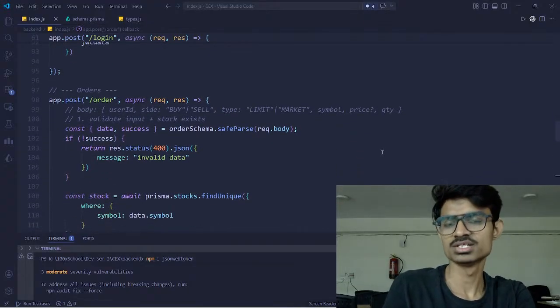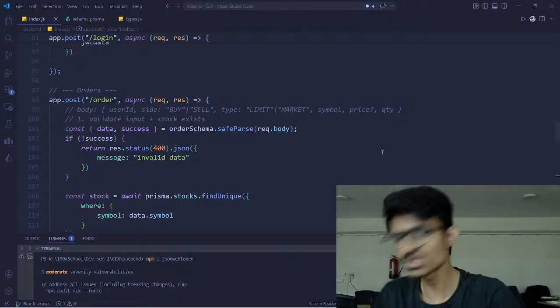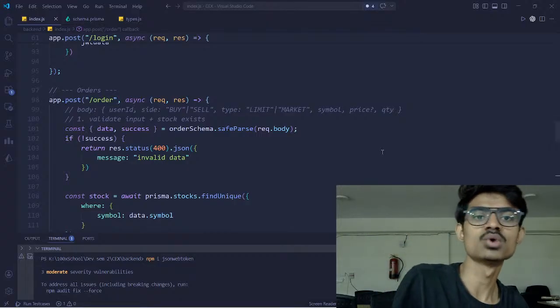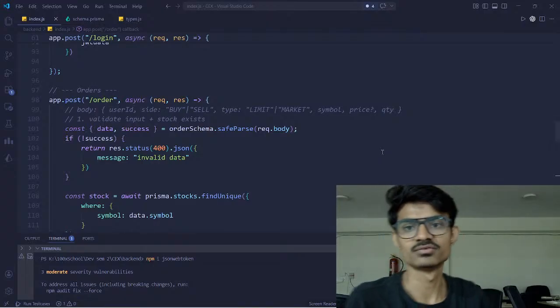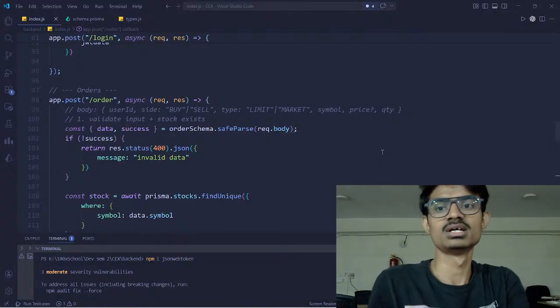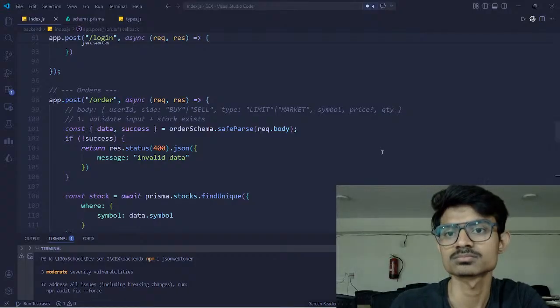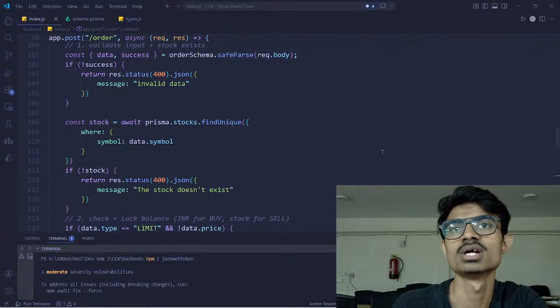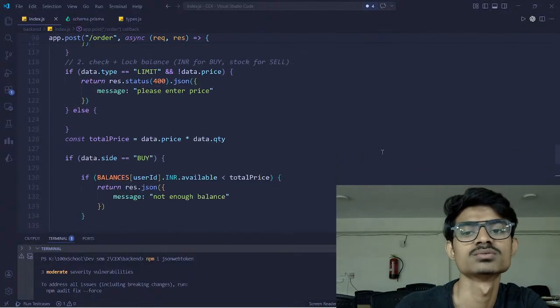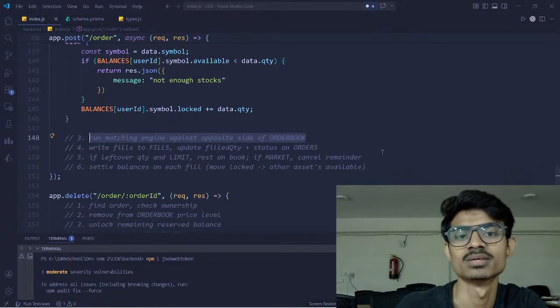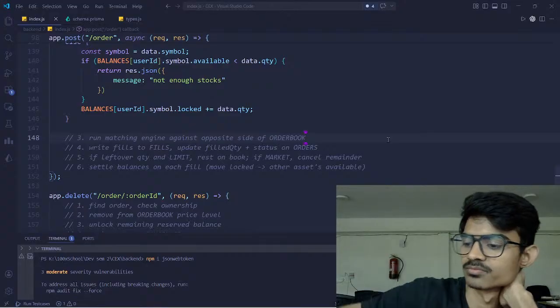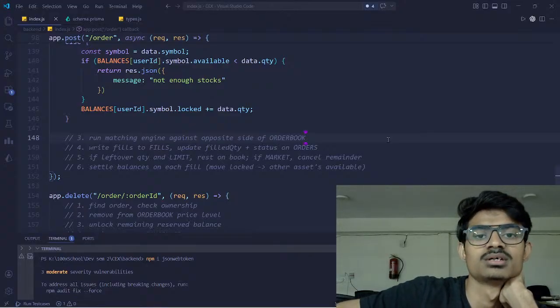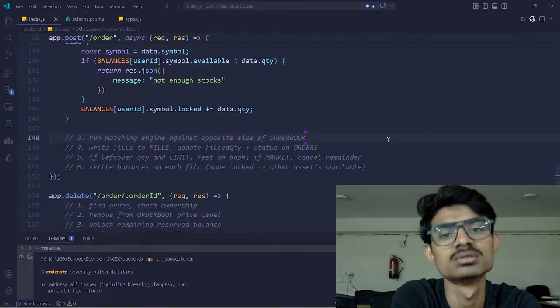All kinds of validations must happen, that if you have enough quantity of stocks or enough money to buy stuff, this is what you have done until now. And then what we are actually doing is placing an order. So what does placing an order mean, right? So it would be placed in the order book. The order book would change.